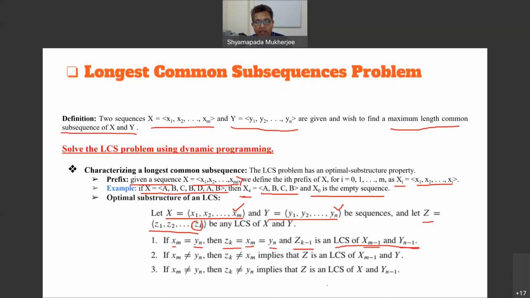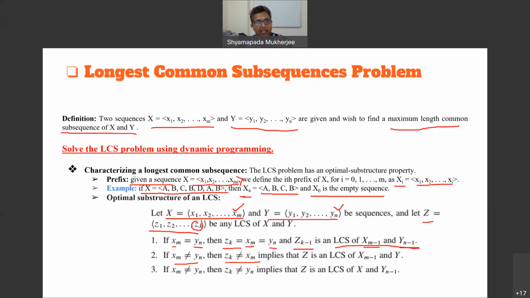Okay, if it is not, that means xm does not equal yn, then two things may happen. If zk is not equal to xm, that means the last elements of x and y are not the same, and zk is not the last element of x, so xm is not part of this longest common subsequence denoted by zk.